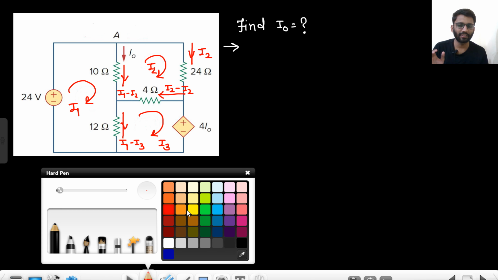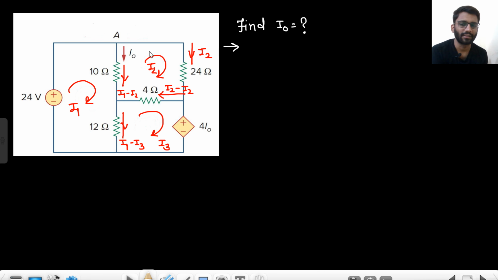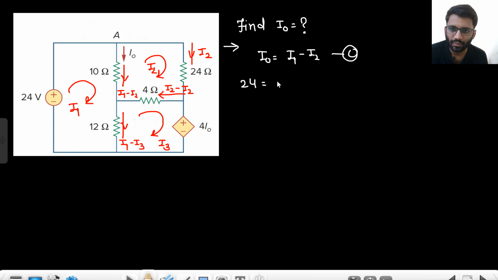I will just write down the equations and then you can get your answer. So what is basically I0? I0 is I1 minus I2. This is the first equation. The second equation will be 24 equals 10 (I1 minus I2) plus 12 (I1 minus I3).